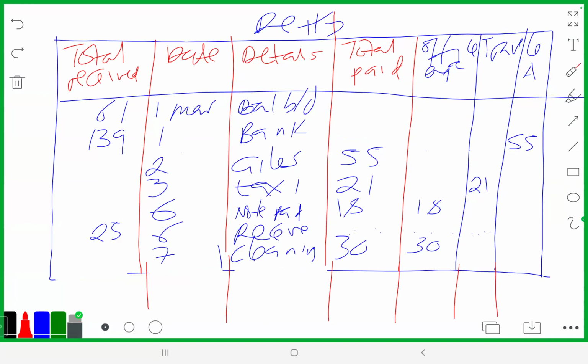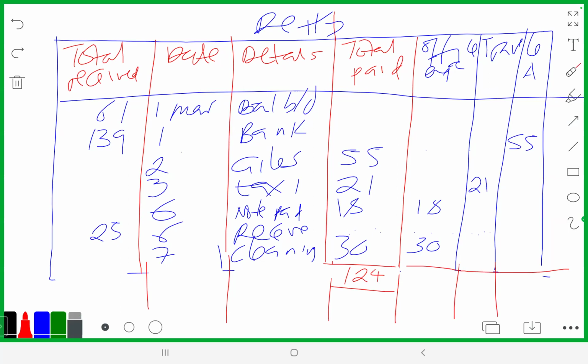When you're balancing off the account, you have to add all the columns. The total paid was 124. It's totaling up to 124.